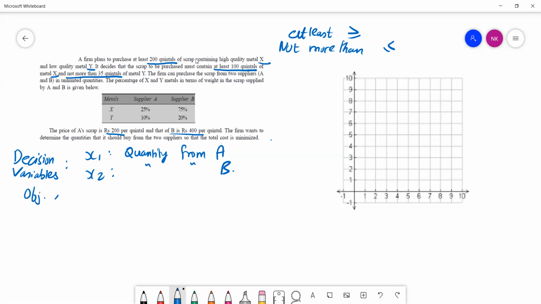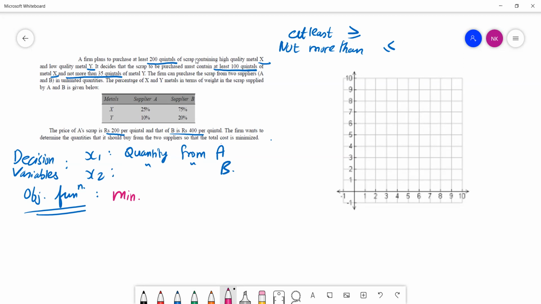Now let's focus on the objective function. Is it maximization or minimization? Sir, minimization. Correct. Why? Because the price of A scrap and B scrap is given, so the firm is purchasing from the suppliers.